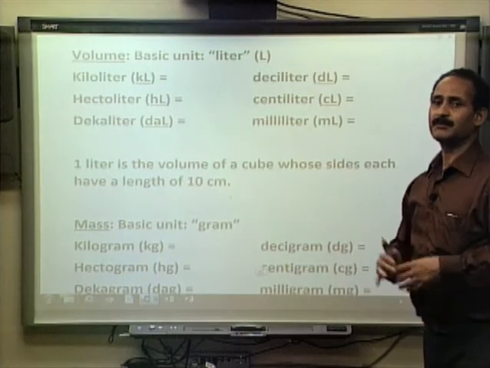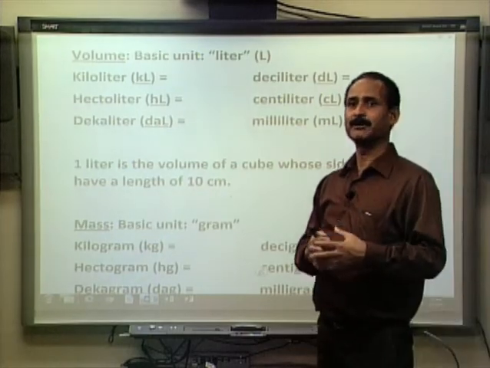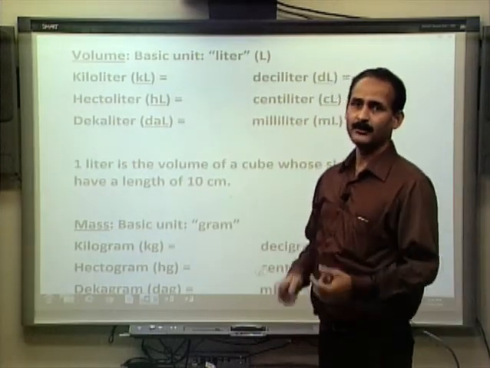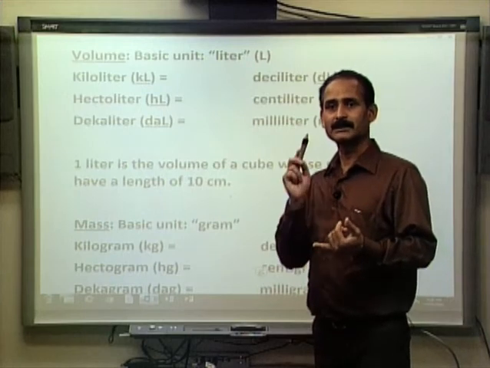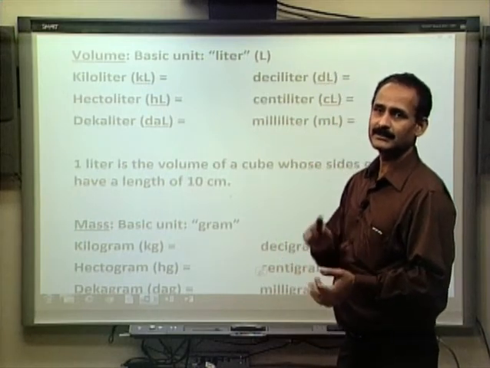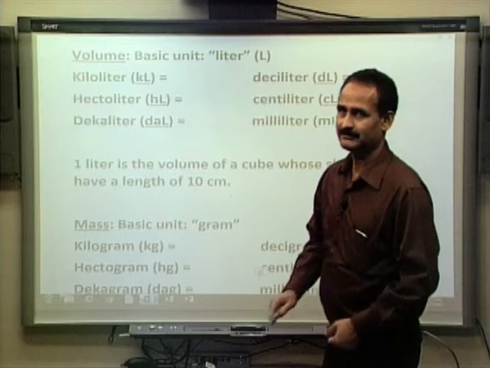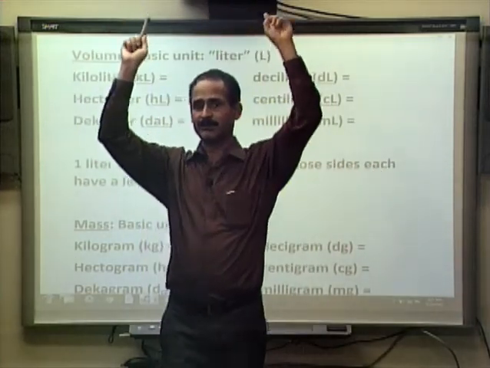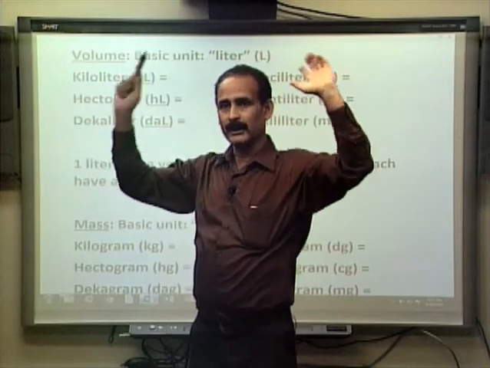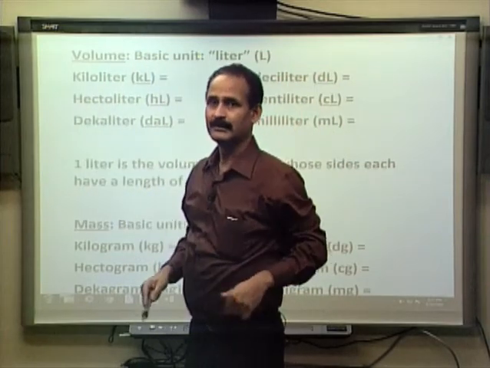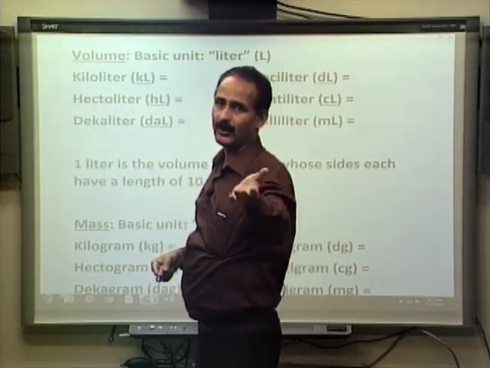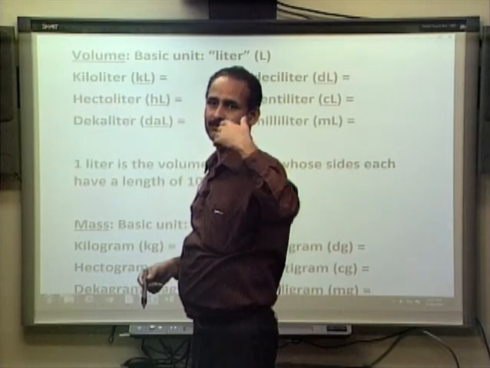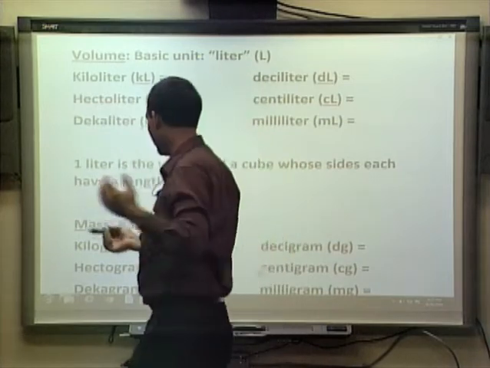In the metric system, the basic unit of volume is liter, and we have kiloliter, hectoliter, decaliter, deciliter, centiliter and milliliter. As soon as we remember the table for kilo, hecto, deca, deci, centi, whether it is volume, mass or length, we can use the same approach.